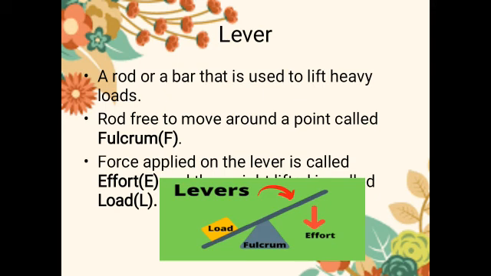In this we saw three terms, namely fulcrum F, effort E and load L. Fulcrum is a pointed edge on which the rod is balanced. Effort is the force we apply to lift the object. And load is the object which is to be lifted.